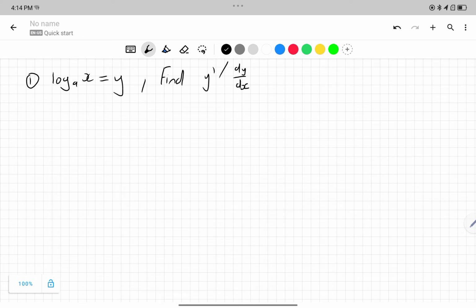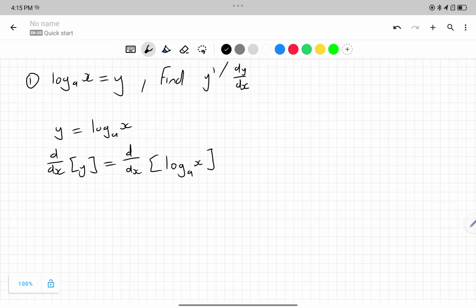So we have y equals log base a of x, d over dx. I'm going to do it step by step, just so whoever is learning this afresh can learn it afresh. And I also know the rules.